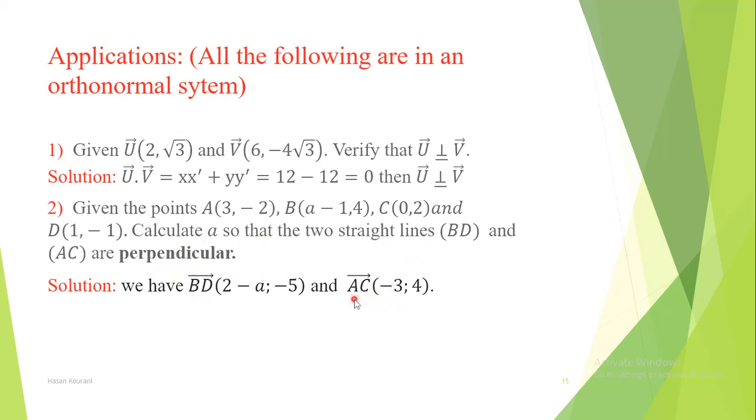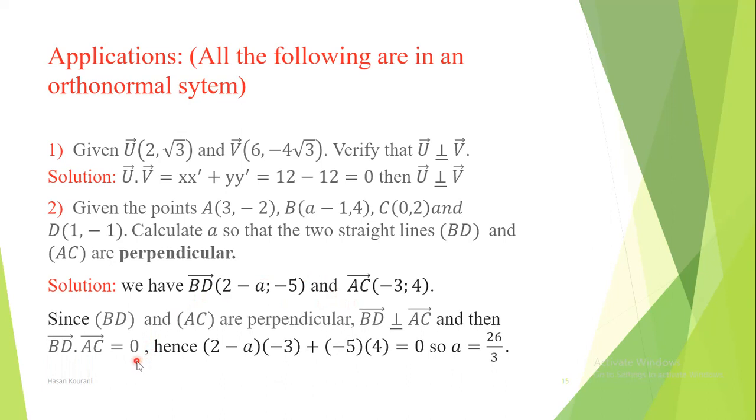This means BD and AC as vectors will be orthogonal. The geometric angle will be orthogonal. And using the equivalence as above, if two vectors are orthogonal, then their dot product, their scalar product, will be what? It will be 0.